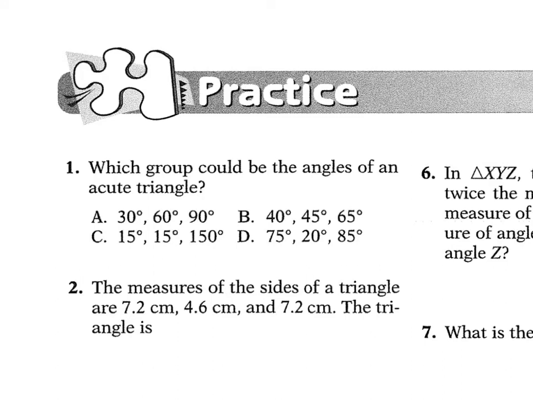So this C, 15 and 15 is 30, is less than 150. Then 90 is equal to 90. For this one, you would have 85 is not less than 65. And then 75 plus 20 is 95, is not less than 85.